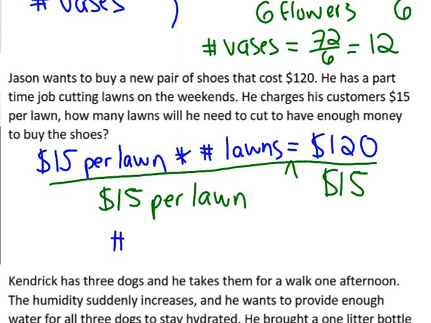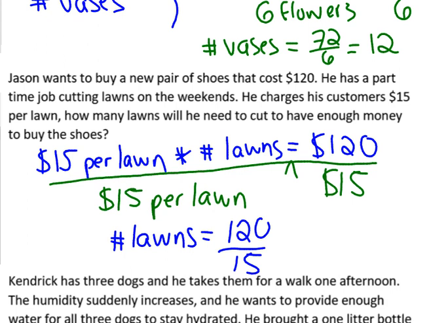And we'll get the number of lawns will equal 120 divided by 15. And that again is another division problem. And we get the number of lawns is going to equal 8. So we have to cut 8 lawns in order to get the $120 for his pair of shoes.